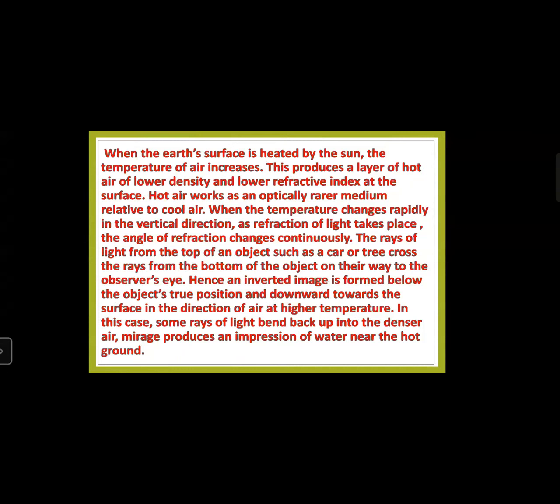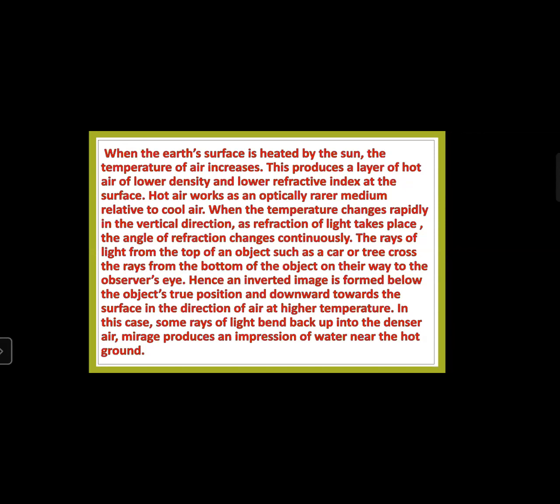This produces a layer of hot air of lower density and lower refractive index at the surface. The mirage appears because of the refraction of light. There are two types of mediums, hot air and cool air. The upper side of our environment consists of cool air, and the second layer is hot air. So there are two layers, two mediums.